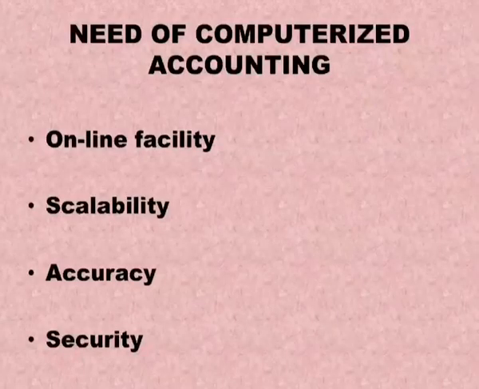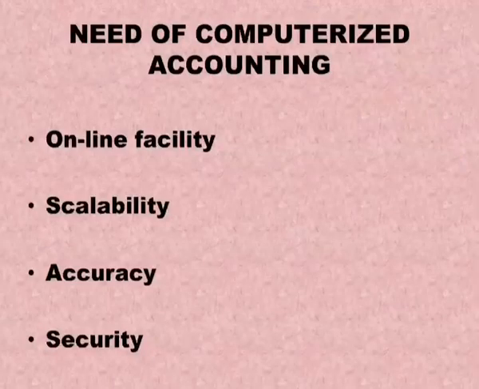Next is scalability. A computerized accounting system is fully capable of handling the growing transactions of a fast growing business enterprise. The requirement of additional manpower in the accounts department is restricted to only the data operators and storing additional vouchers.